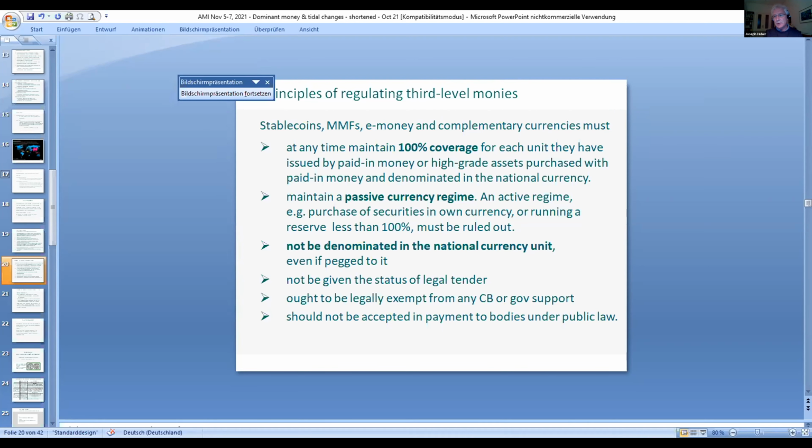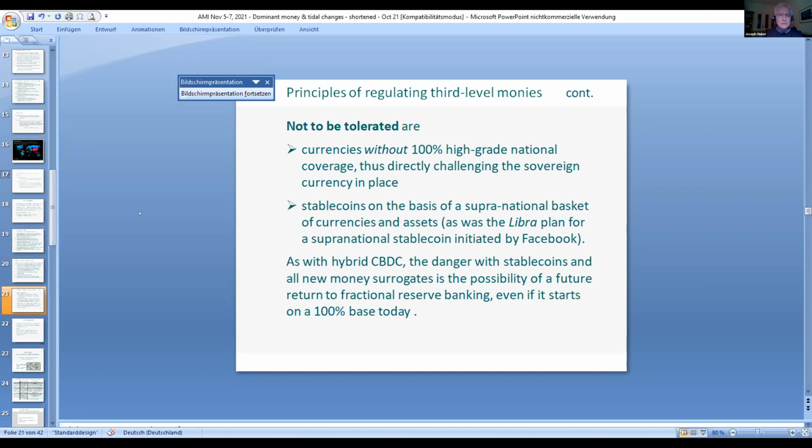It's 99.5% coverage for each unit they issue, and the coverage needs to consist of today's bank money and cash equivalents. Yeah, and well, I skipped that.